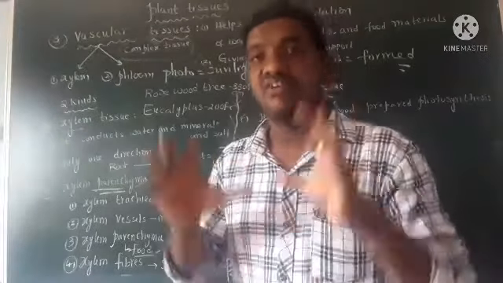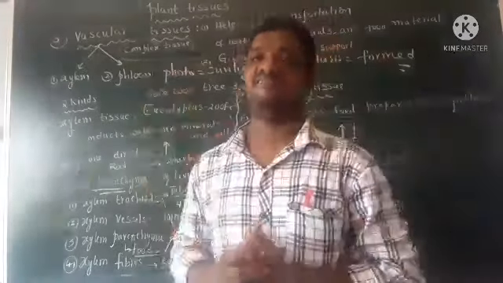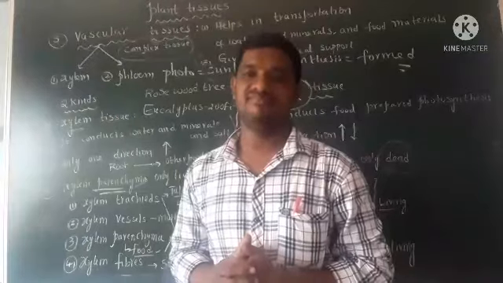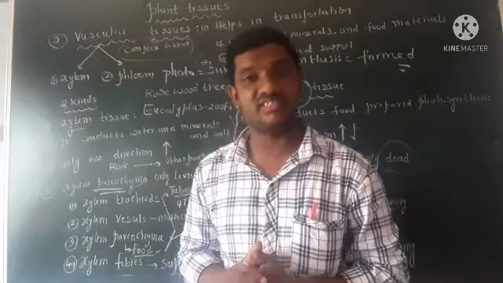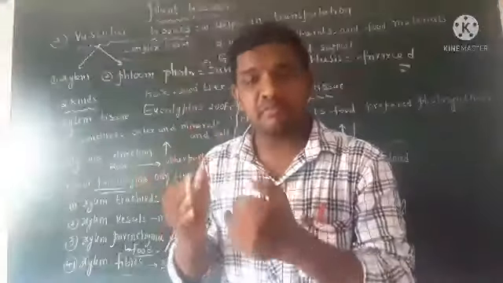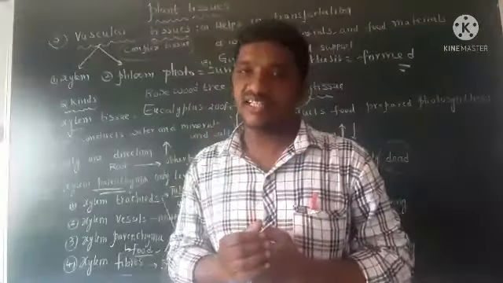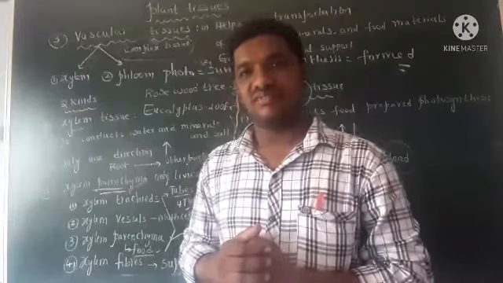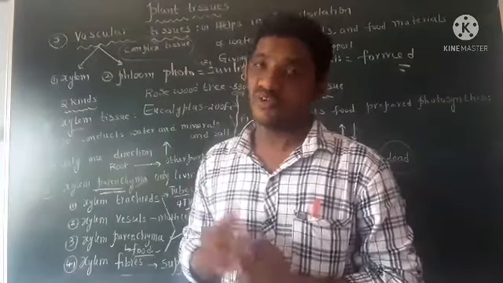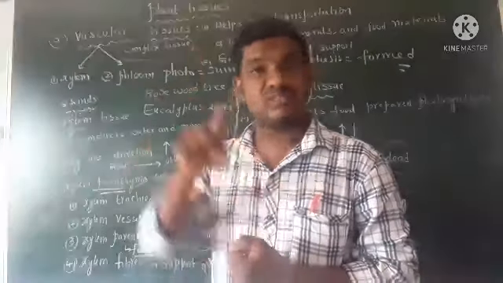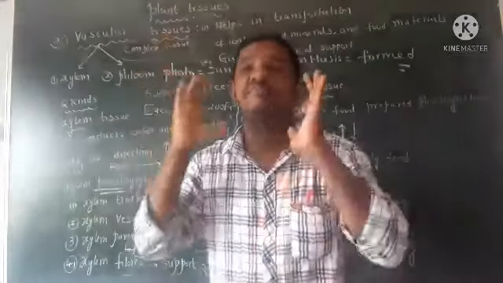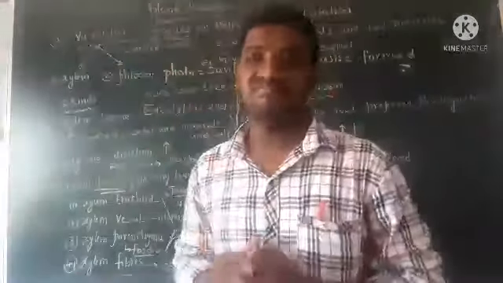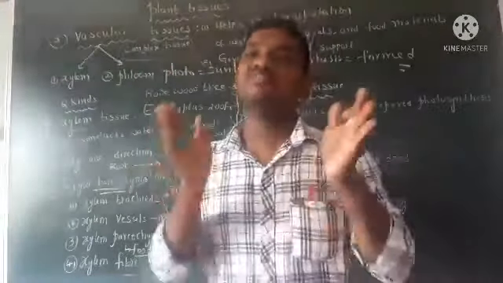This is called photosynthesis. Keep it in mind. Okay, what is photosynthesis? Plants prepare food using carbon dioxide and water with the help of chlorophyll pigments, using sunlight as the energy source. That is called photosynthesis.